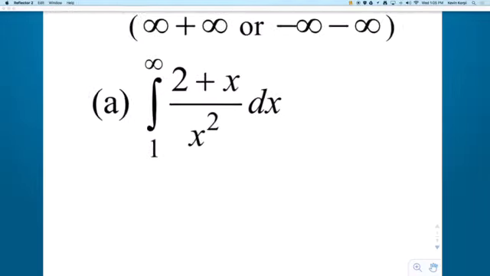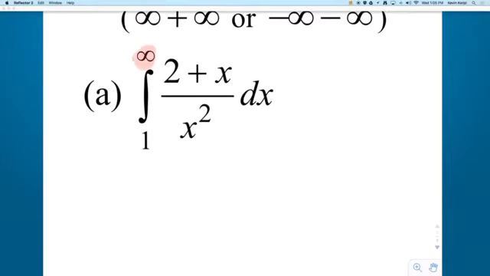Well, we'll see. We spot an improper integral, pretty easy, and we're going from 1 to infinity. I need to be able to find the antiderivative. Now, let's start doing the following. Do you anticipate this to be convergent or divergent? Because your intuition can take you a long way.